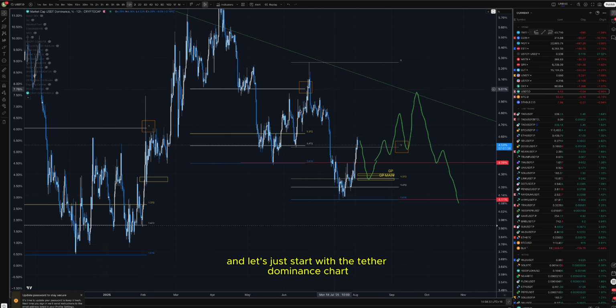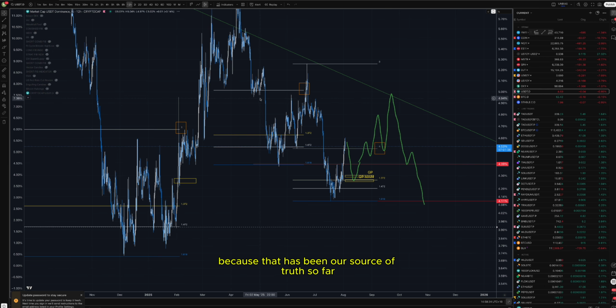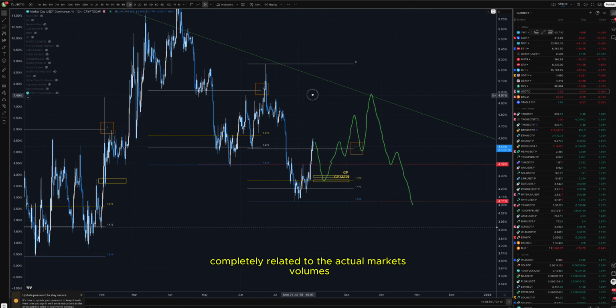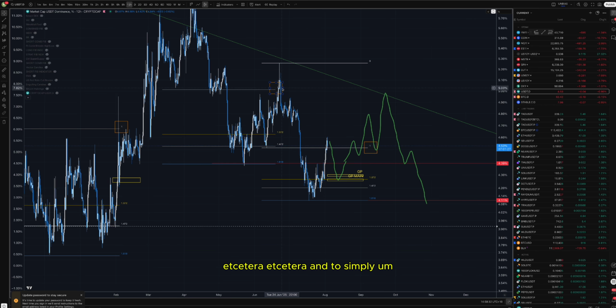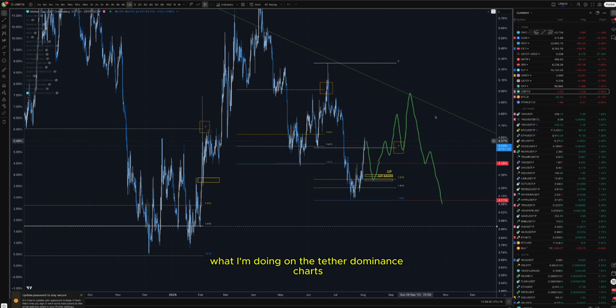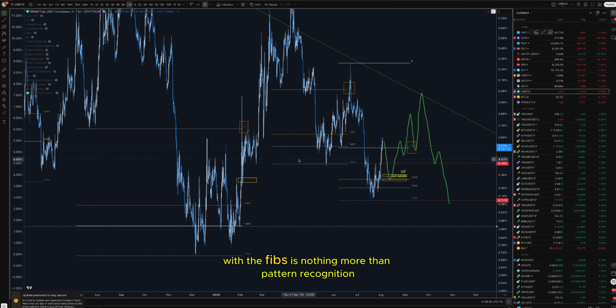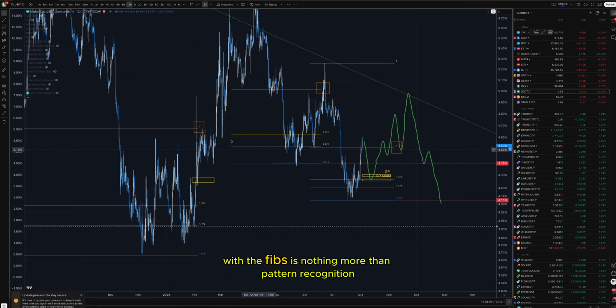Let's just start with the Tether dominance chart, because that has been our source of truth so far. Before anybody asks how this is related to the actual markets, volumes, etc., I'll simply explain that what I'm doing on the Tether dominance charts with the fibs is nothing more than pattern recognition, right?